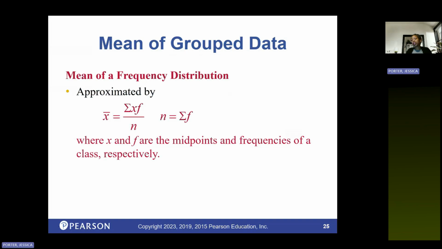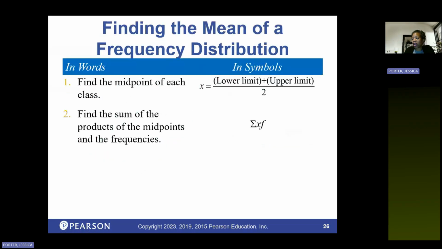the mean of grouped data. So in this case, we're going to have to calculate some midpoints, well, all of them, where X and F are midpoints and frequencies of a class respectively. To find the midpoint of each class, you add together the lower and the upper limit and divide by 2.